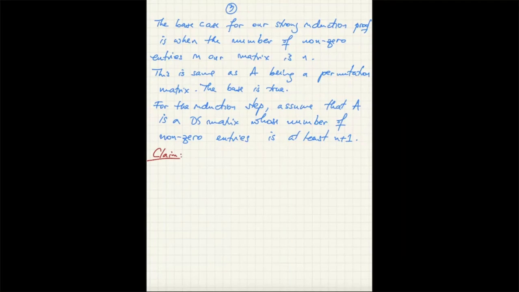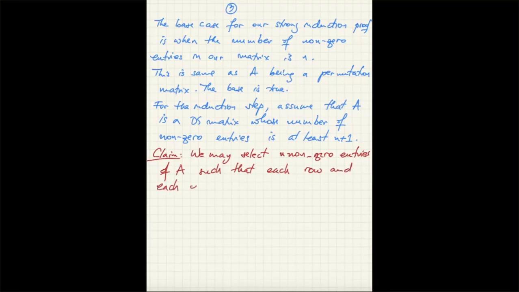We claim that we may select n non-zero entries of our matrix A, such that each row and each column contains exactly one of these entries.